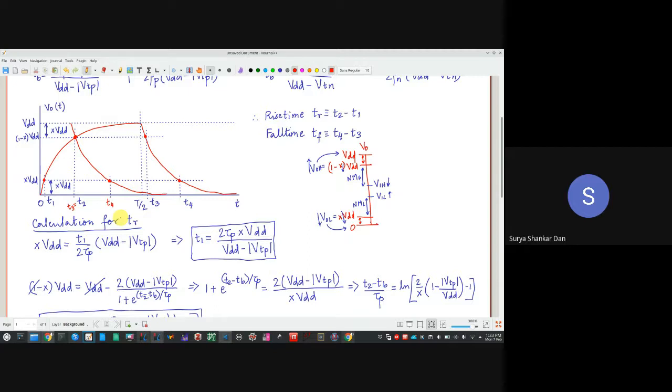Makes sense? Okay. Then what is going to be our time period here? The time instance when it is crossing T1, from here to the time when it crosses this x VDD. So what is the new time period over here, Naren? This is your TR, T2 minus T1, and this is your T4 minus T3.